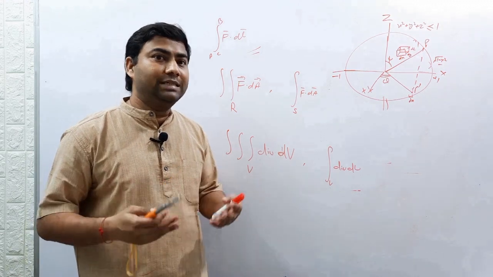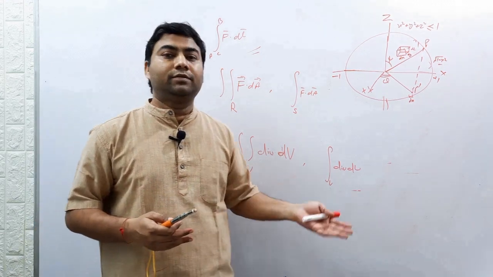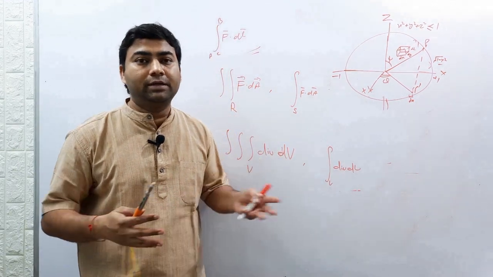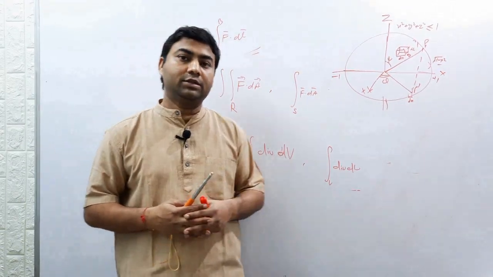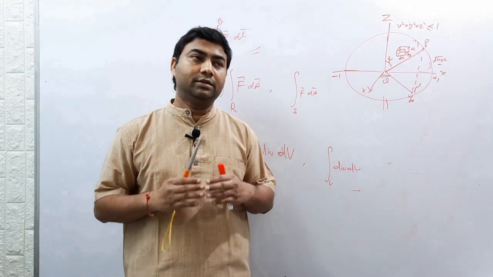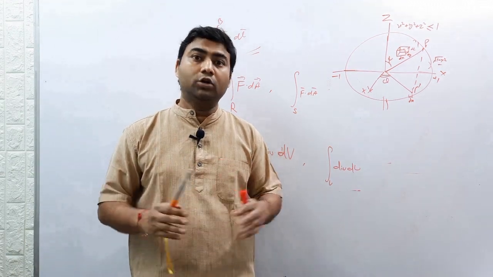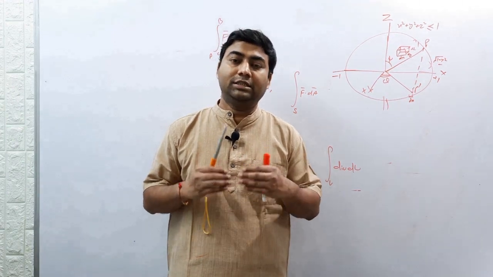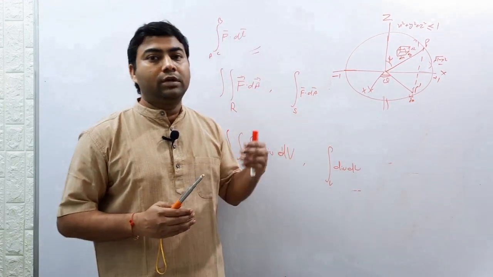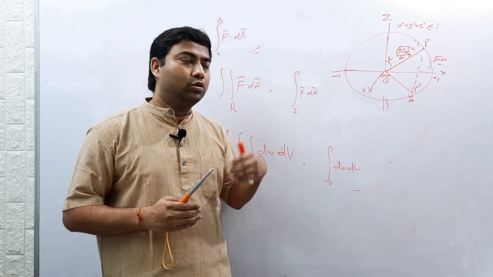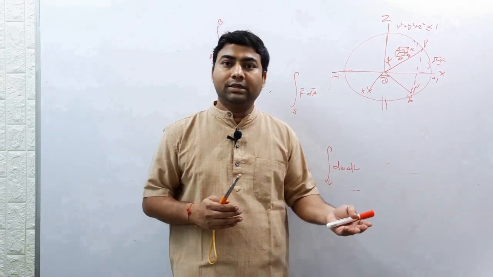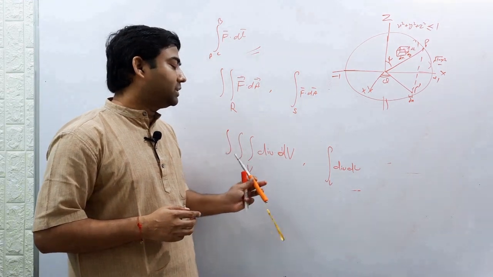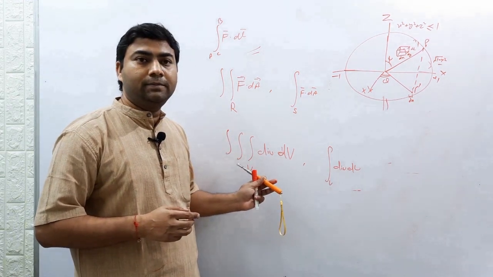If they are not changing, not varying, you can just find them by arithmetic multiplication. By single multiplication you can find line integration, surface integration, and volume integration. But if the quantities are changing, then you have to apply integration. And don't think only surface integration can be found with double integration or volume integration with triple integration.